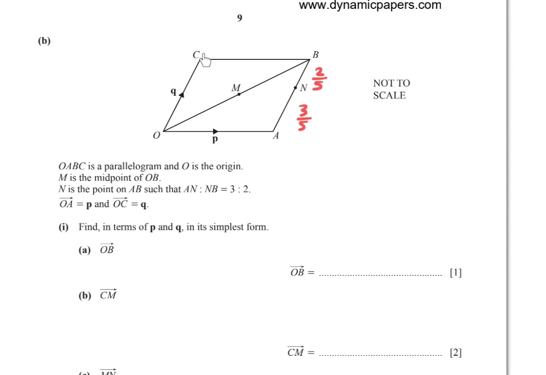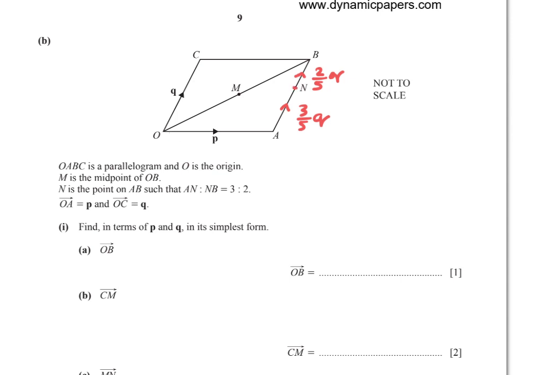If this is Q, this is also Q, because this is a parallelogram, so the opposite sides are parallel and equal. So AB is Q. So now AN is 3 over 5 Q and NB is 2 over 5 Q, in the same direction.